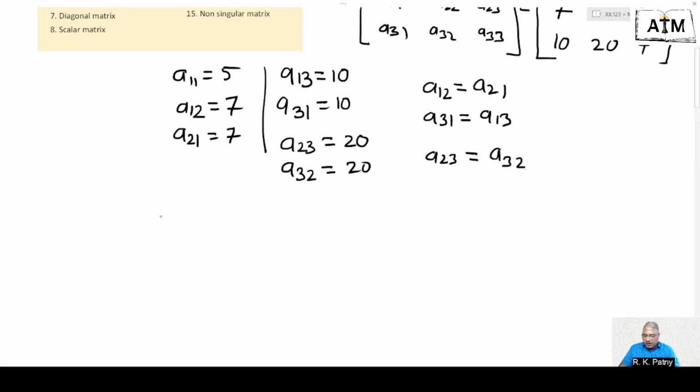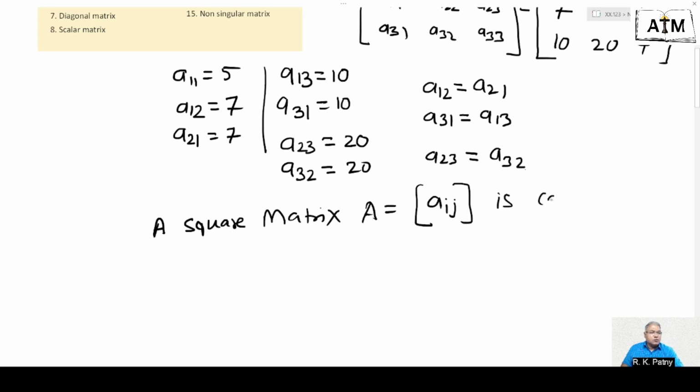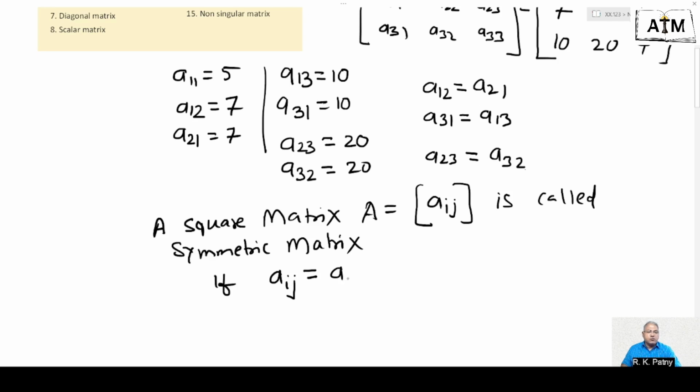Now we define a symmetric matrix as follows: a square matrix A equals Aij is called a symmetric matrix if Aij equals Aji for i not equal to j. This is the definition of a symmetric matrix.